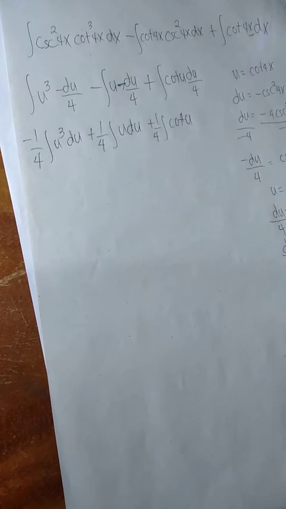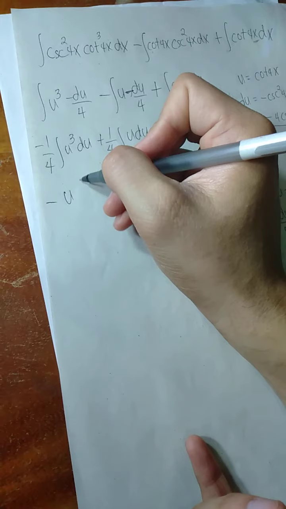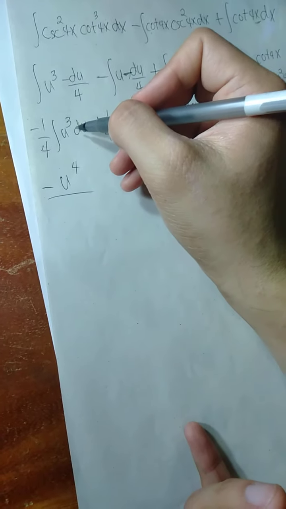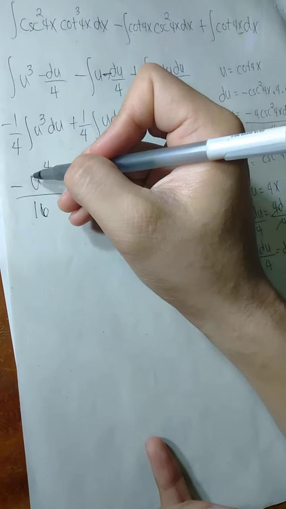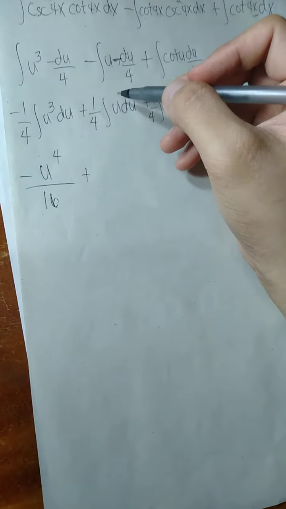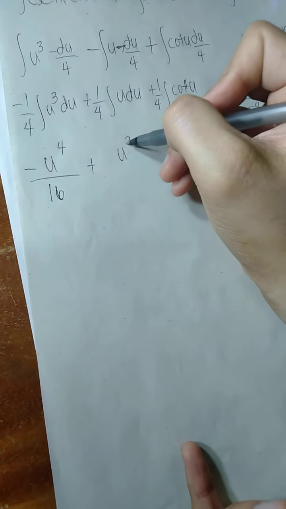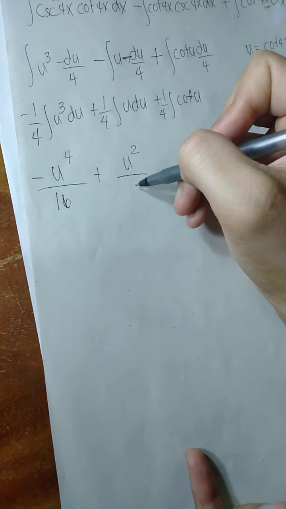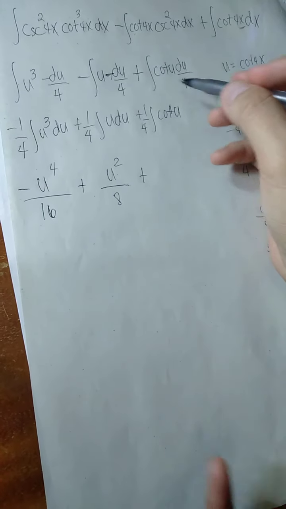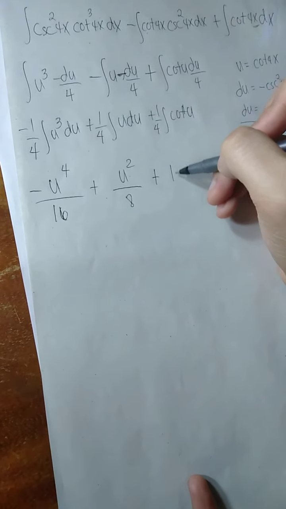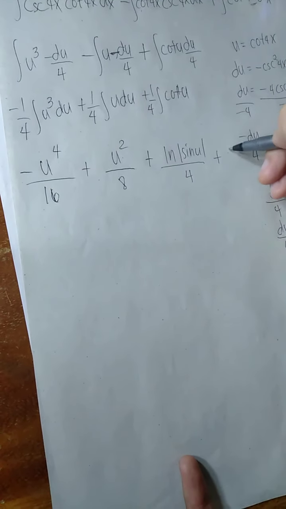So yun na. We can integrate. Power formula na lang yan. So negative u to the 4th, so 4 times 4, 16 yan. Tama. Shortcut ko na lang guys. Plus u squared over, since may 2 sa baba, times 4, 8 na ngayon. Plus 1/4, so integral of cotangent u is ln of sine u, over 4 plus c.